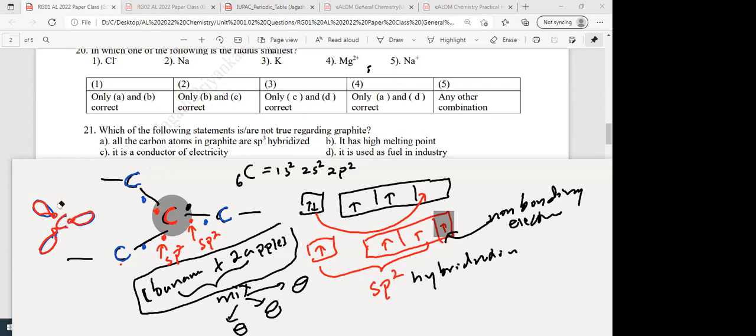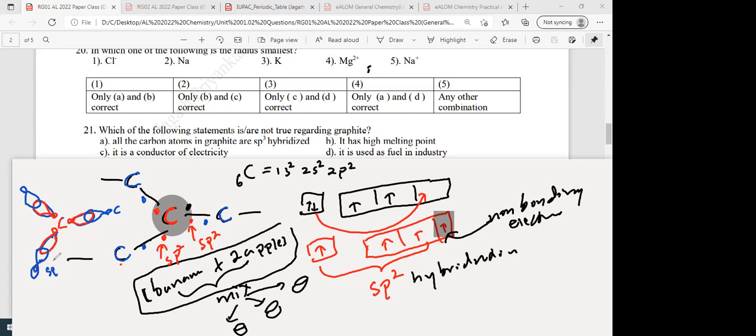And the adjoining carbon also has an sp2 hybridized orbital that will overlap with this. And then you get the covalent bond. The same thing happened to the other three also.